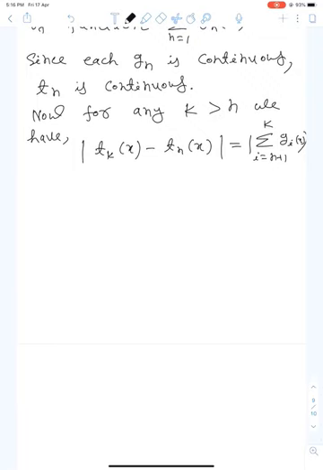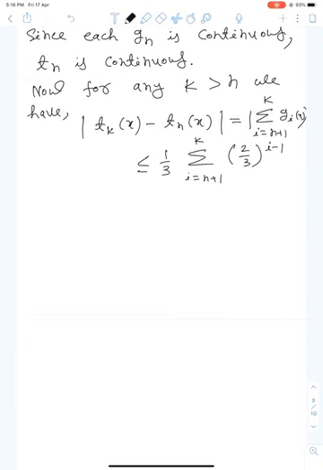right? But we know each |g_i(x)| is less than or equal to 1/3 into (2/3)^(i-1). Now that is less than or equal to, we can just write 1/3 summation i = n+1 to k of (2/3)^(i-1).